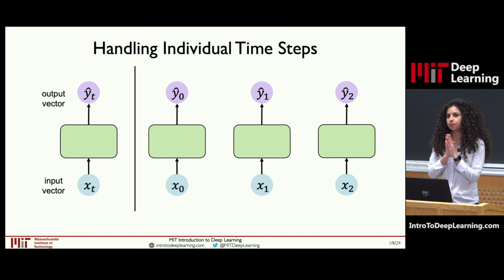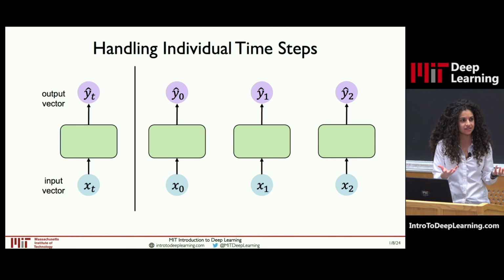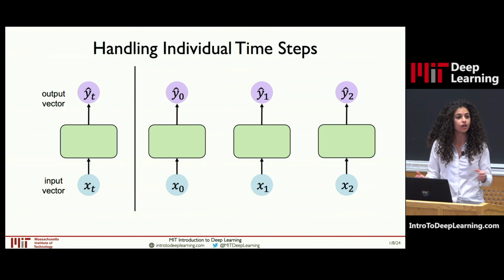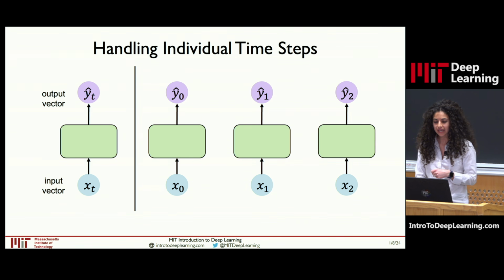What could be a potential issue here that could arise from treating our sequential data in this kind of isolated step-by-step view? Yeah, so I heard some comments back that inherently, right, there's this dependence in the sequence, but this diagram is completely missing that, right? There's no link between time step 0 and time step 2.